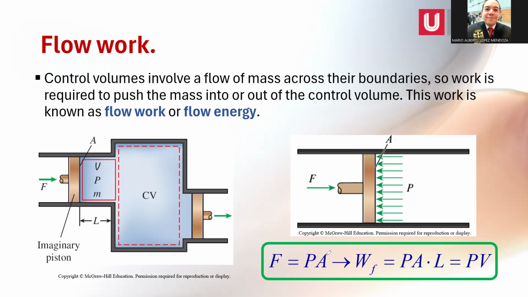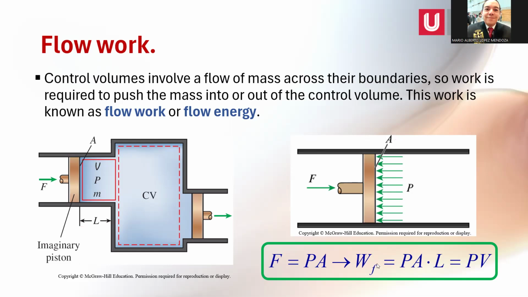So we can define the force related with the flow work as the product of the pressure in the fluid and the area. As we said, the flow work will be the product of this force and the displacement that we get with the application of the force.